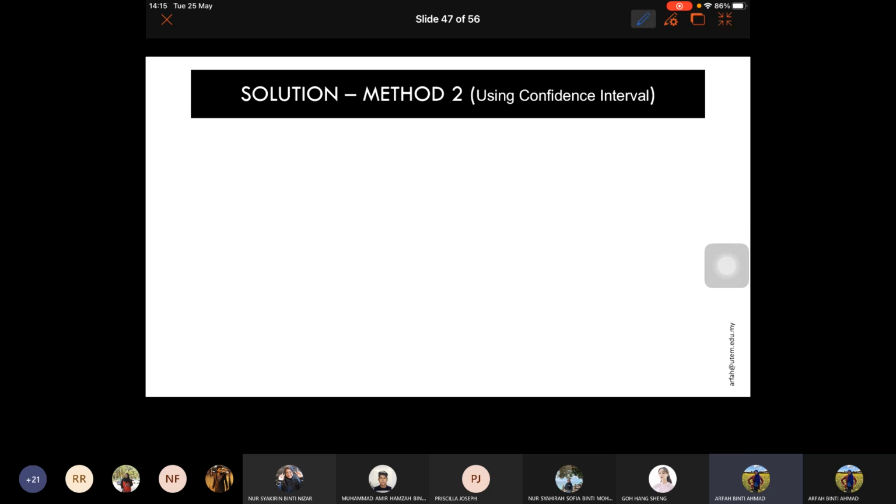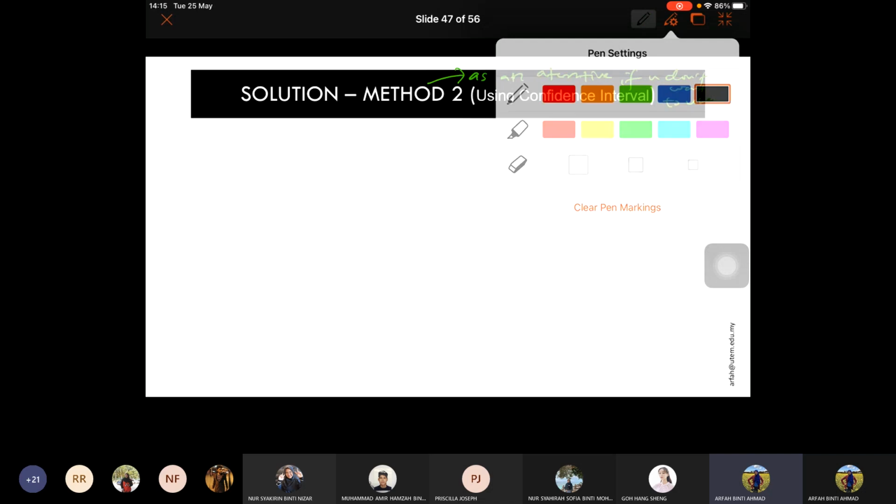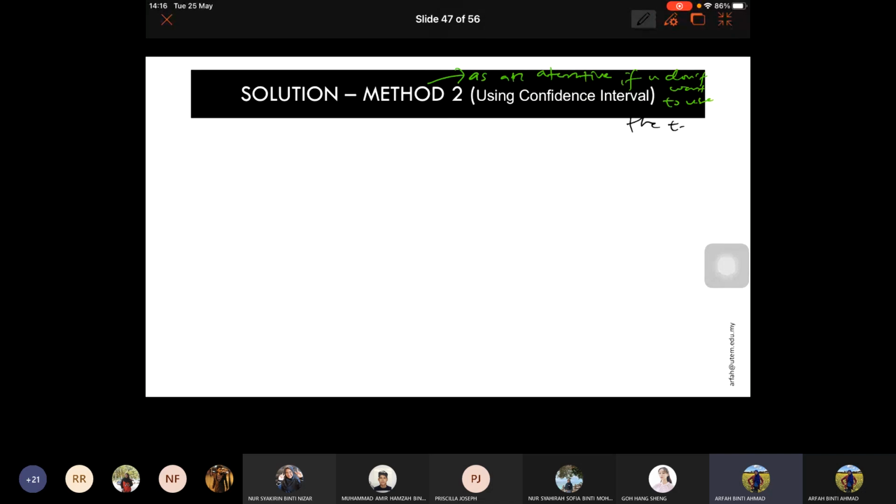Then solution method kedua, this one serve as an alternative. Okay, if you don't want to use the t-test statistic. Okay.